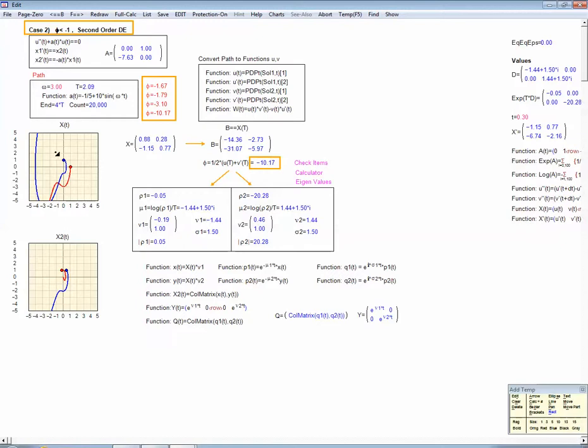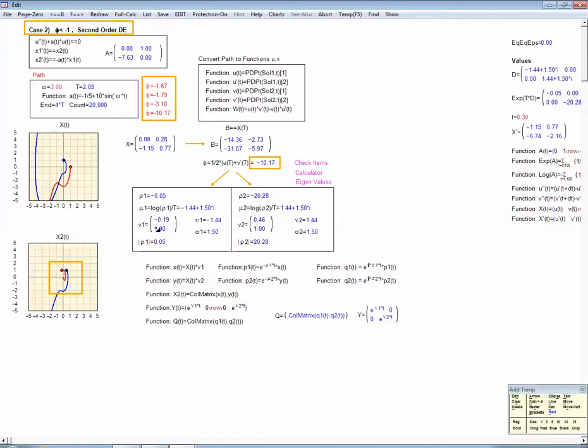We have in our initial solution both solutions running off to infinity, and then down here in our second decomposable solution we have one moving off to infinity and one converging to 0. And without going into all the details yet, we'll look at some details later.